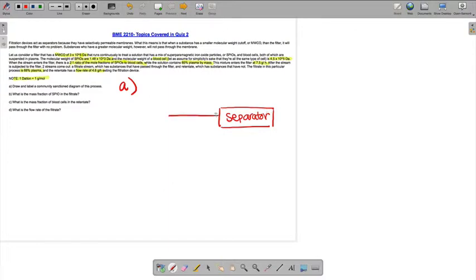We have 1 stream coming in, which we'll call stream A, and then 2 streams coming out, stream B and stream C. Stream A is our mixture, stream B is going to be our filtrate, and let's say that stream C is our retentate stream.